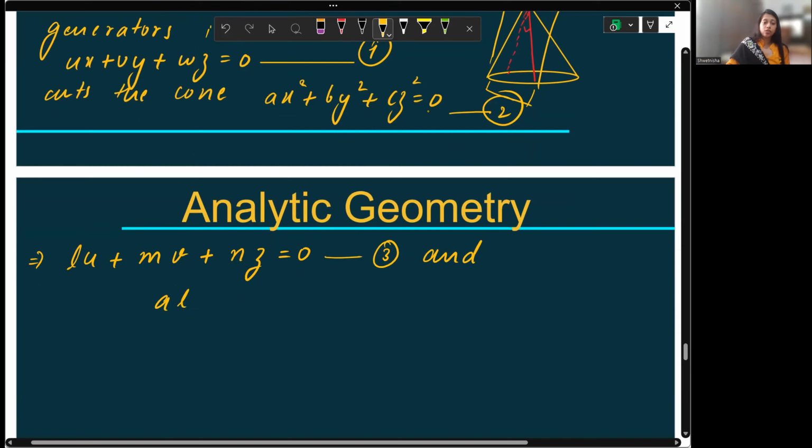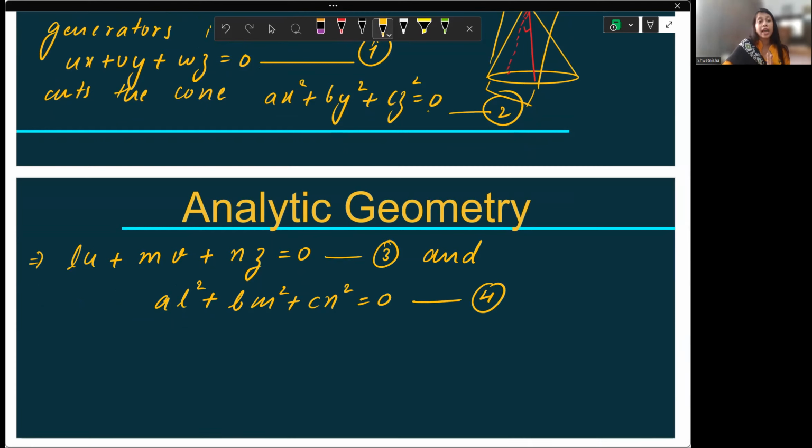So that means al square plus bm square plus cn square equals 0. This is also a result, equation 4. Now use these two equations to find the values of l1, l2, m1, m2 and n1, n2, the two values that I was talking about.